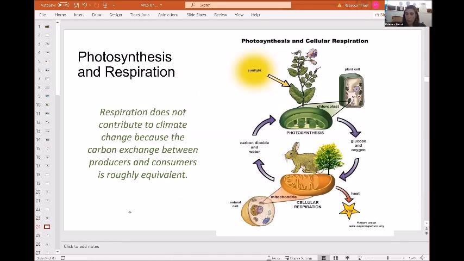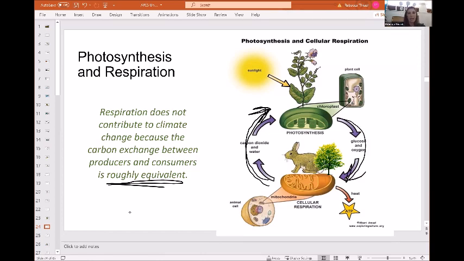I really want to make a fine point on this because when we read for the AP exam, students a lot of the times will talk about CO2 from breathing as being an issue environmentally. And I just want to really emphasize those things are roughly equivalent. It can't contribute to climate change because as we're breaking down food, releasing carbon dioxide and water, producers are incorporating that CO2 back in as glucose.